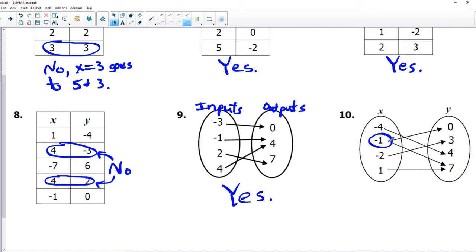So that means that -1 is pairing with 0, but it's also pairing up with 7. That's an issue when it comes to being a function, so that is a no. And you can say that x equals -1 pairs with 0 and 7.